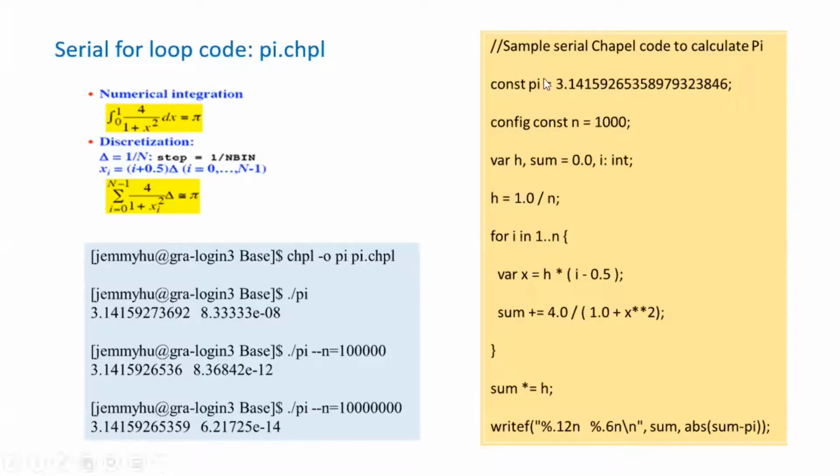So in Chapel we have a constant of pi, the pi number there, and then we can have a config constant. A config constant in Chapel is a constant variable that can be overwritten at runtime.